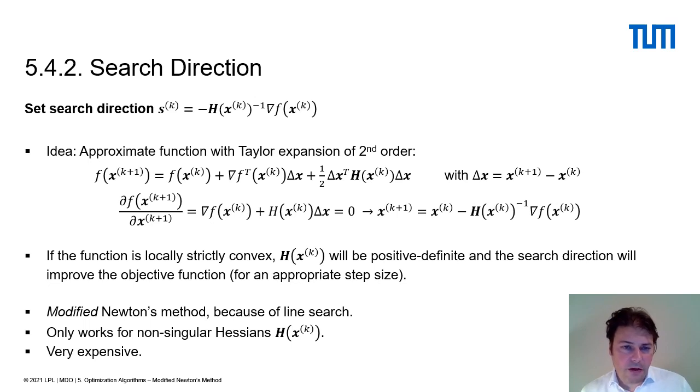Now the optimality condition, the necessary optimality condition, is that the gradient of f vanishes, which you can use to compute your required delta x to get there. And from this you can compute x_{k+1}, which evaluates as this expression here. So if your Hessian was in fact the matrix of a quadratic objective function, then you'd be done in one step.